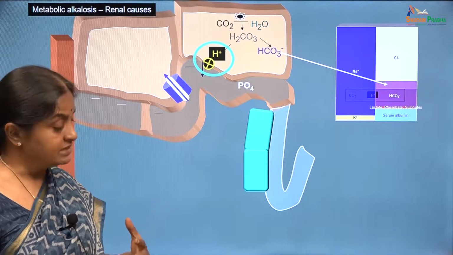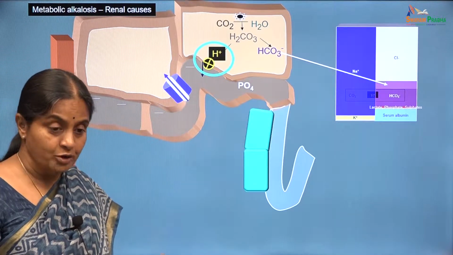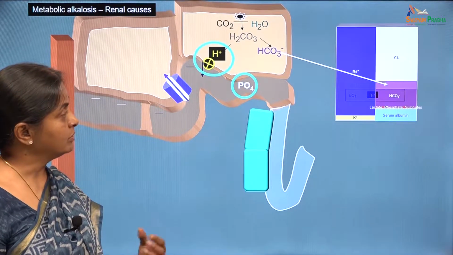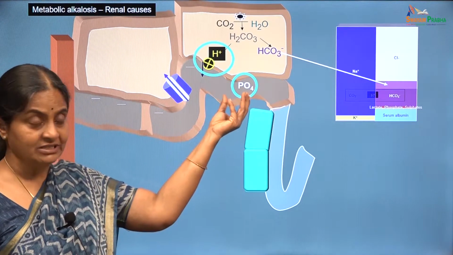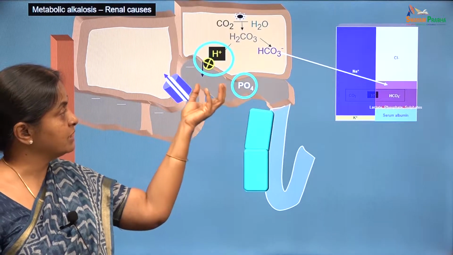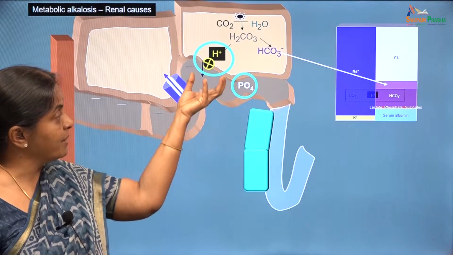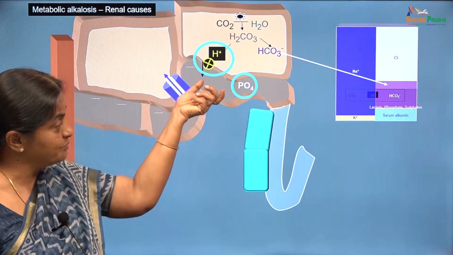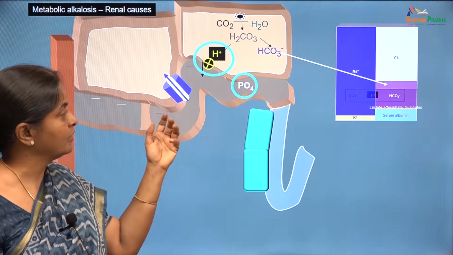The question is, is there an increase in proton pump activity per se, or an increase in phosphate levels in urine, which can aid the proton pump by buffering the extruded protons and keeping the urine pH from dropping too low?